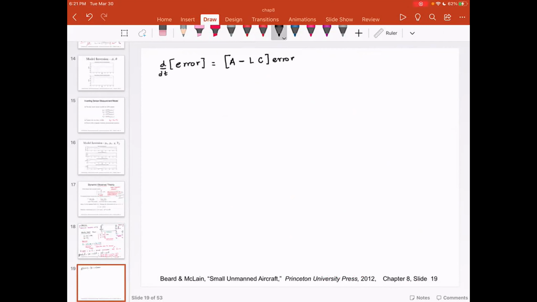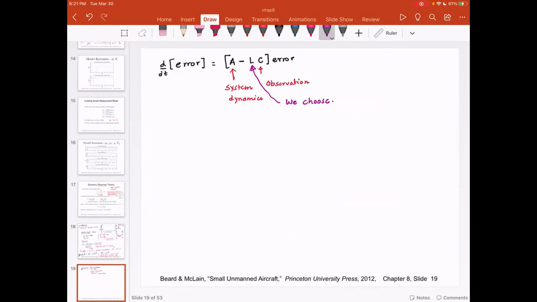Now A comes from the system dynamics. C comes from the system equations, so observations that are measured. L is a matrix that you choose. So this is something that we choose.